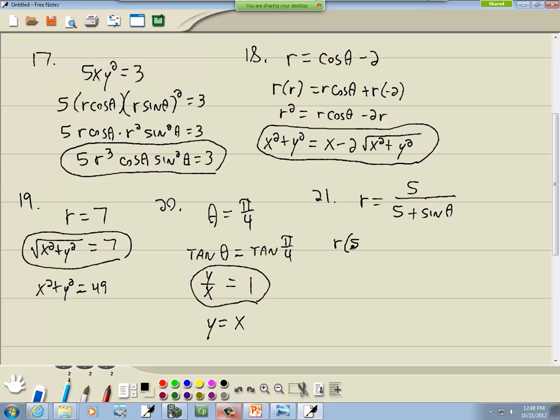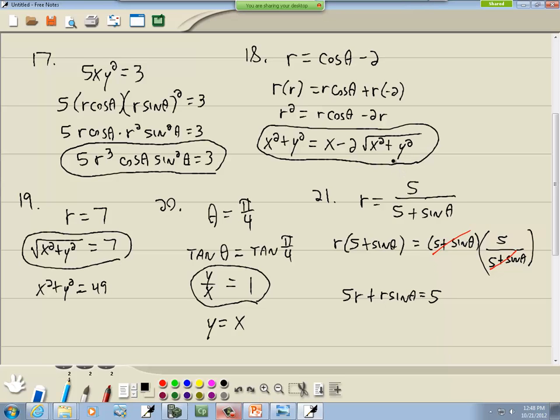So r times 5 plus sine theta equals 5 plus sine theta times 5 over 5 plus sine theta. This 5 plus sine theta cancels that 5 plus sine theta. And over here we got r times 5, which is 5r, and r times sine theta, which is r sine theta. Why did I do this?